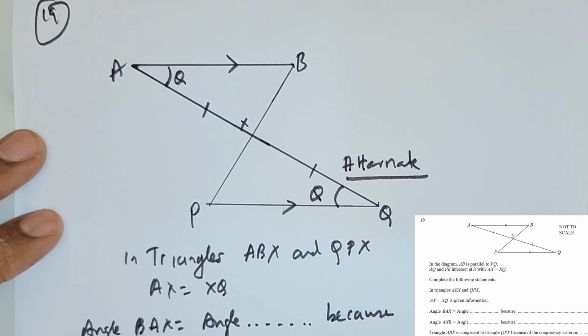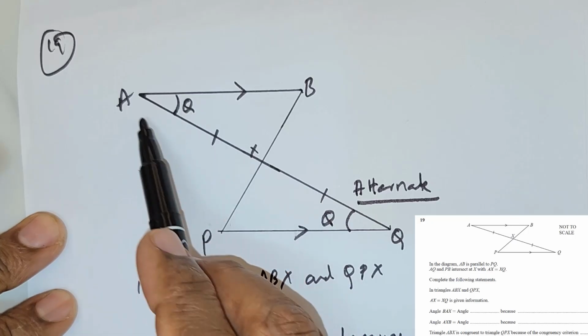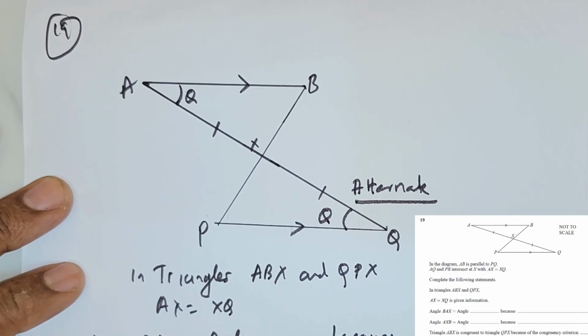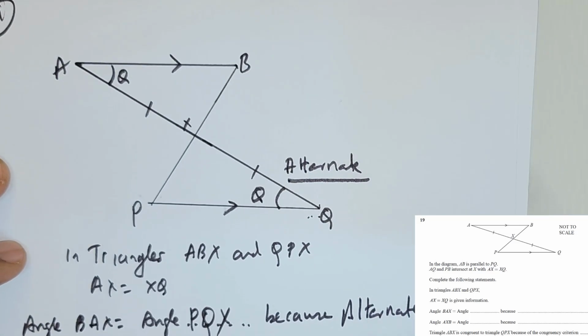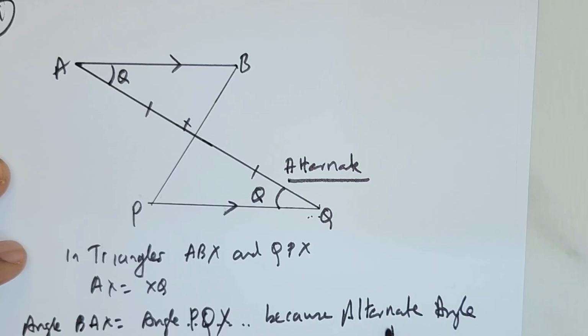So I can clearly state here angle BAX is equal to angle PQX by alternate theorem, or I would say alternate angle theorem.